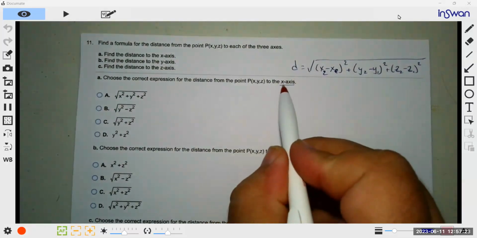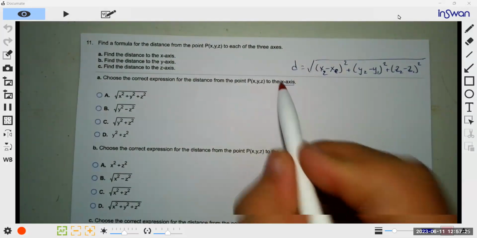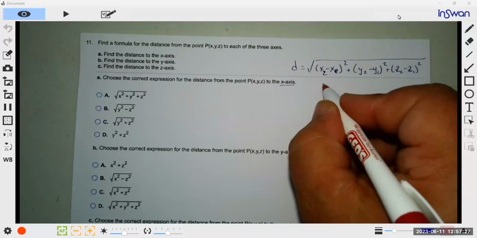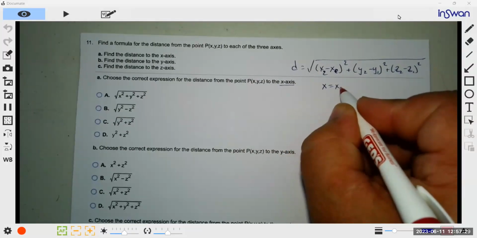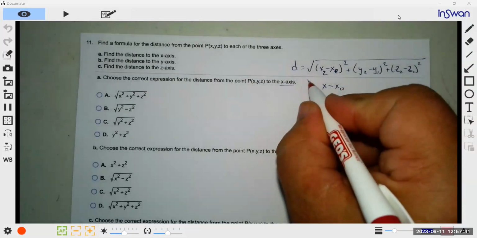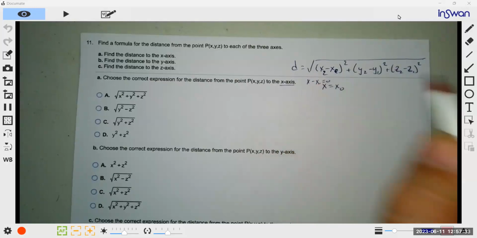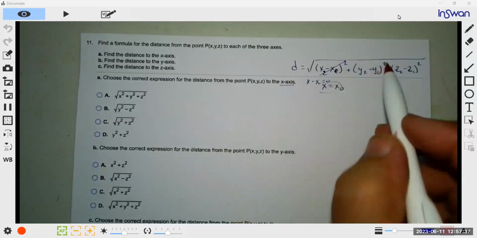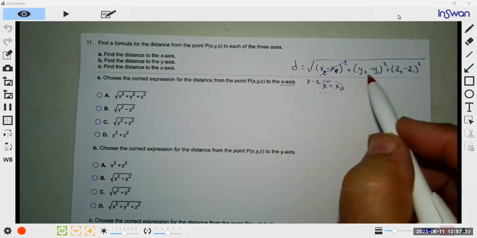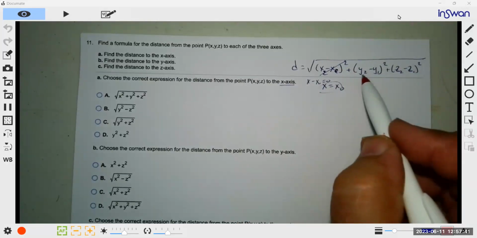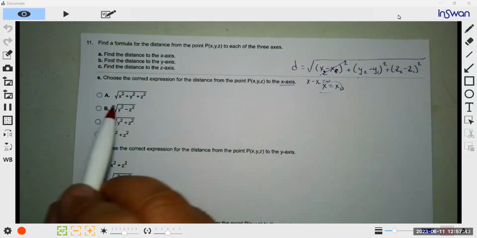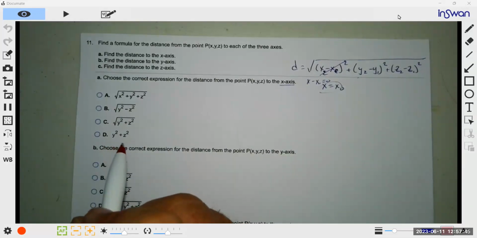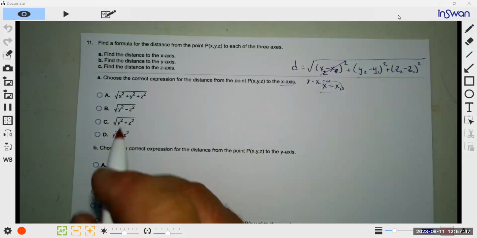But since we're looking for the x-axis, x equals the x sub 0, because x minus x sub 0 is equal to 0, so that disappears. So we're looking for this equation, the y squared plus z squared.